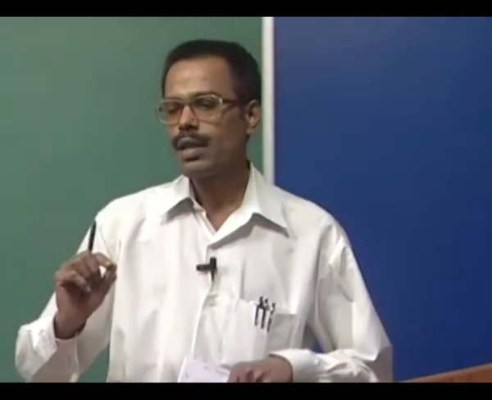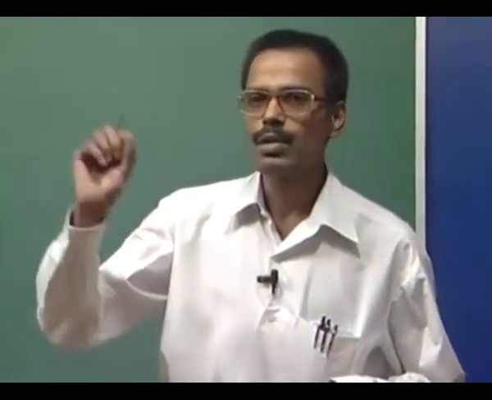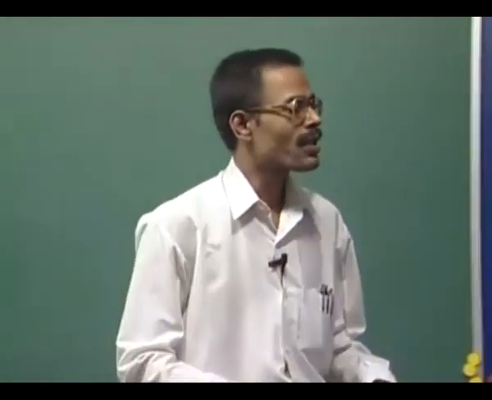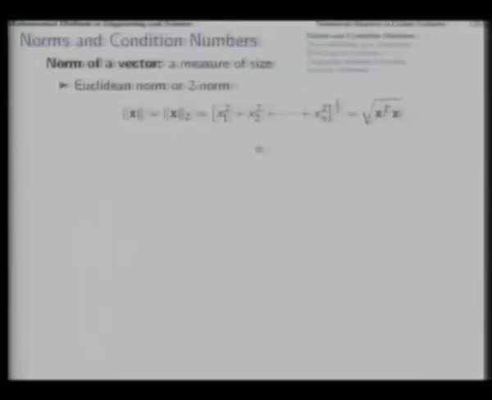The way you take the distance from origin to xyz point as square root of x square plus y square plus z square, in that same manner this formulation works. This gives you the ordinary Euclidean norm or 2 norm.